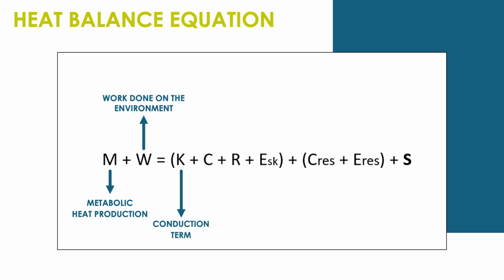On the right side, we have K as the conduction term, which is heat transferred when you directly touch something. C is the convective term, in most cases air moving around your body. R is the radiative term. Our body constantly absorbs and emits heat through radiation.